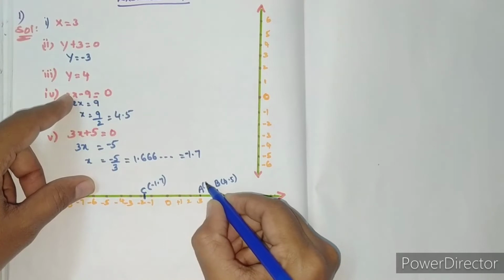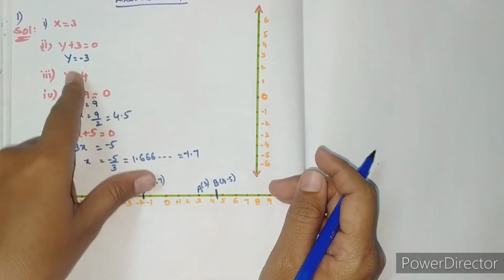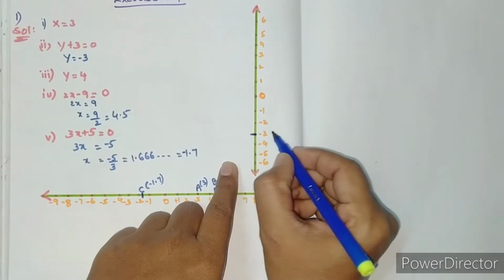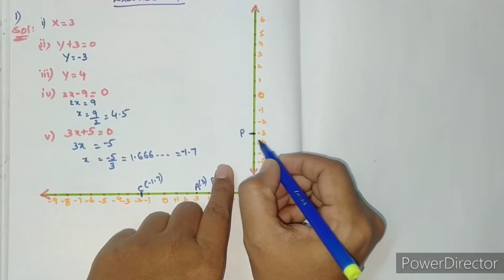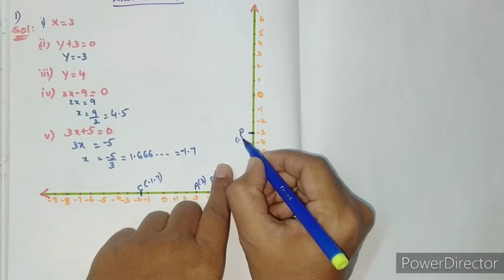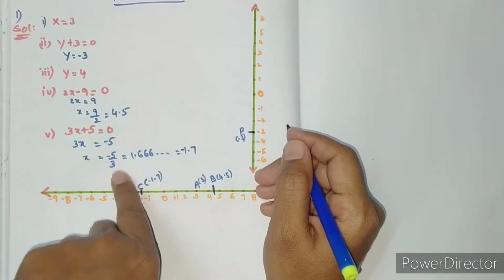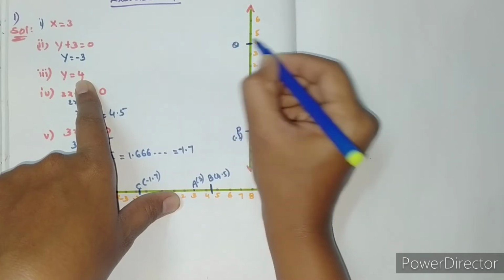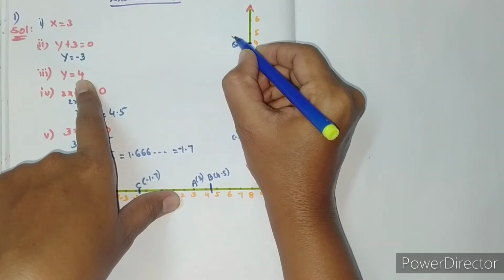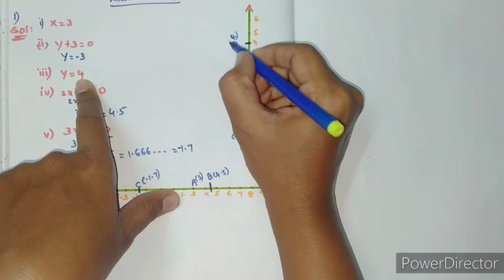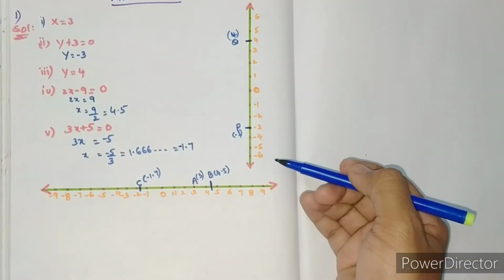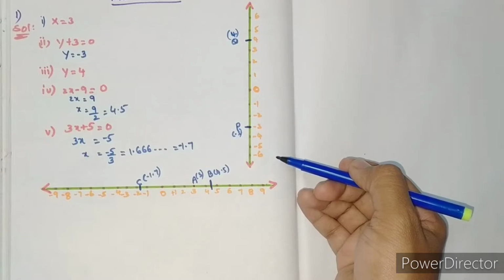Now y values. Y is minus 3 here only, so let it be P. Next y value 4, here. Let it be Q. Like this you can represent on the number line.